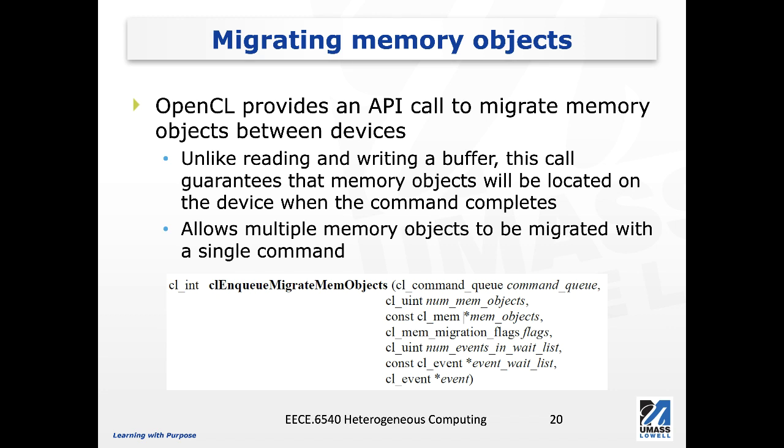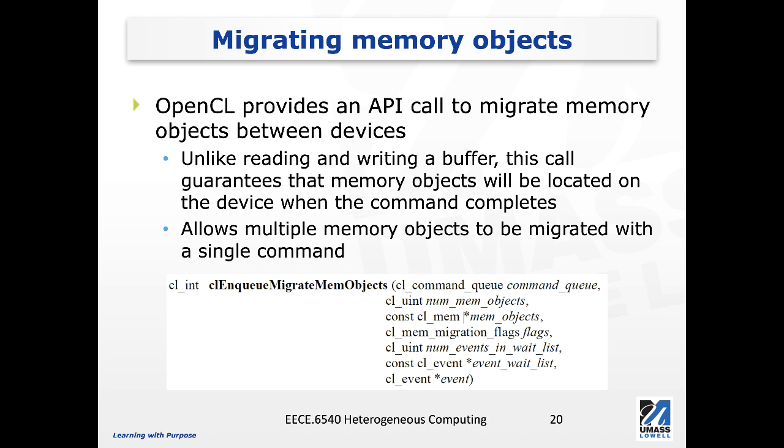If you have multiple devices, OpenCL actually allows you to migrate memory objects between devices. It's different from reading and writing a buffer. This call guarantees that memory objects will be located on another device when the command completes. And you can use this API to migrate multiple memory objects.